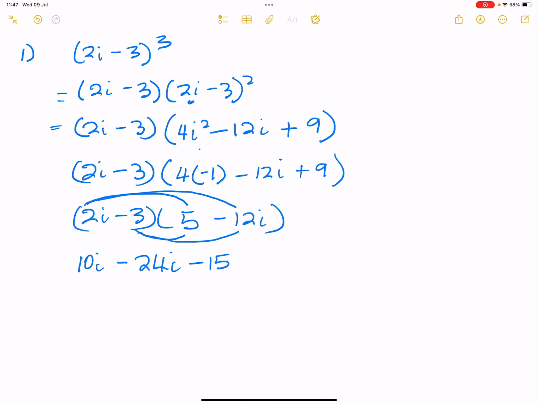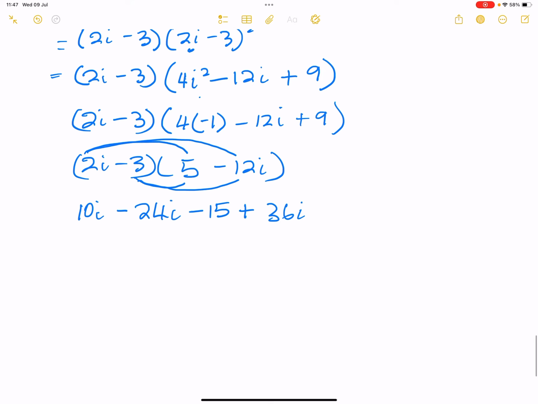And finally, we've got negative 3 times negative 12i, that's going to be positive 36i. Now let's go for it, ladies and gents. Like terms, the 10i and the 36i should give us 46i.